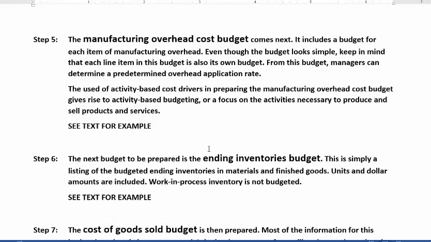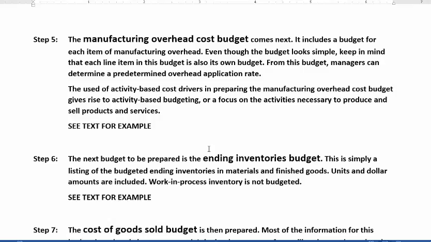So, for example, our total estimated manufacturing overhead divided by direct labor hours, or estimated overhead divided by direct labor total dollars, or estimated overhead divided by total machine hours.